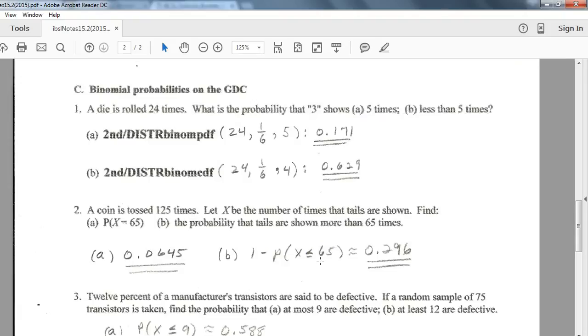We're going to say everything less than or equal to 65, and then subtract that from 1 to get what we want. This is an important one for any time you're doing more than 65, because your calculator goes from 0 to whatever whenever you use the cumulative button. So you have to do the complement event, subtracting it from 1, in a case like that.